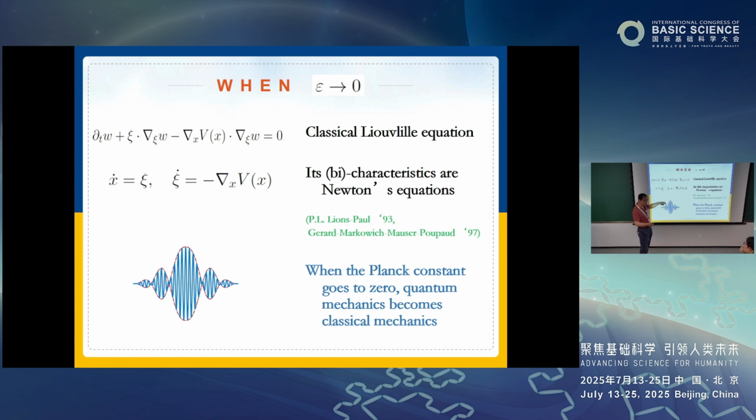The Schrodinger equation is a wave that oscillates with a length scale, which is of order epsilon. So now you send epsilon to 0, all this high frequency wave becomes a wave packet, and each wave packet is a particle. There have been very important mathematical works by, for example, Fields medalist Lions, Markowich, and these people in the 90s.